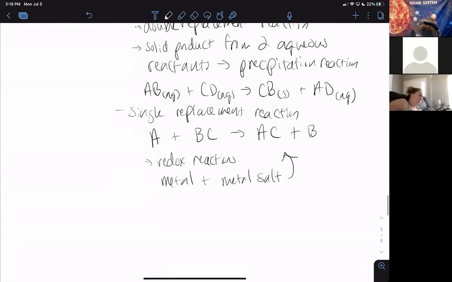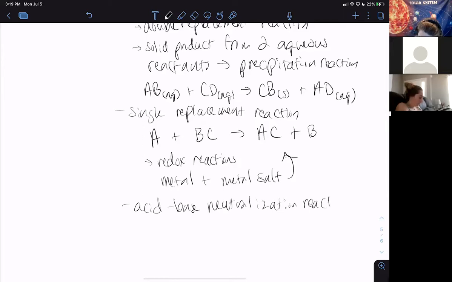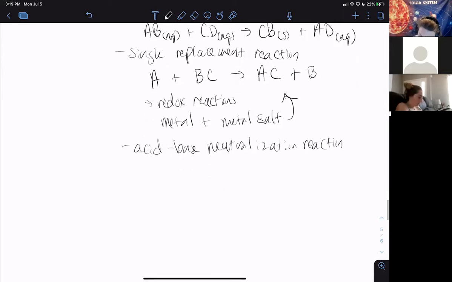And then we have acid-base neutralization reactions, where you have some acid reacting with a base, and generally you're going to produce water and a salt.